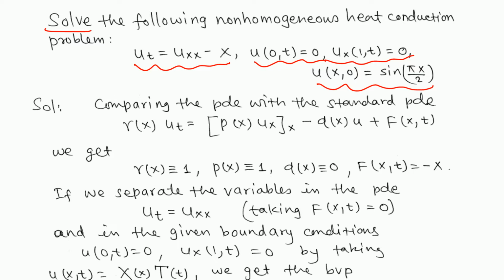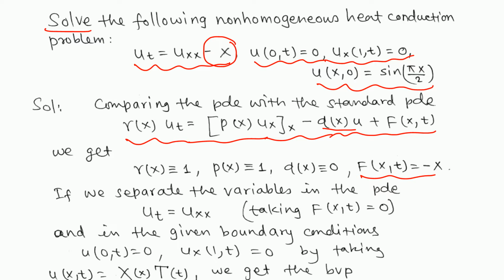If we compare this PDE with the standard non-homogeneous heat conduction PDE, we get that in our case R is just 1, P is 1, and Q, which is the coefficient of u, is 0 since there is no u, and the non-homogeneous term is negative x.